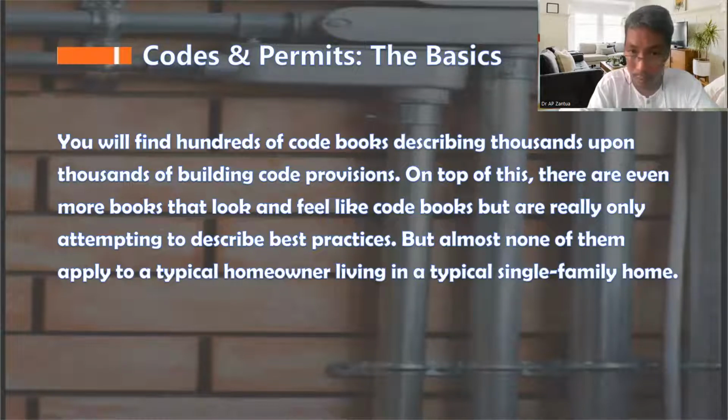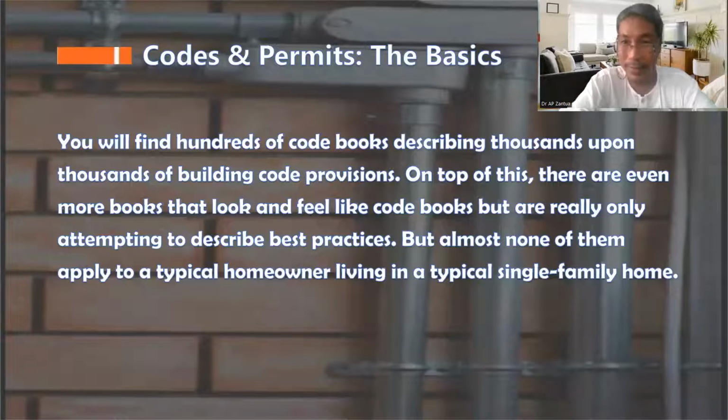There are code books, but they are really only attempting to describe best practices. Those documents that describe best practices are what we call standards. So that is the difference between a law, a code, and a standard.